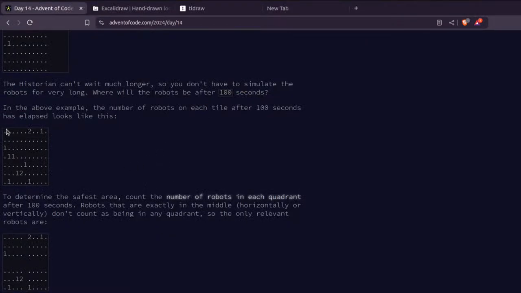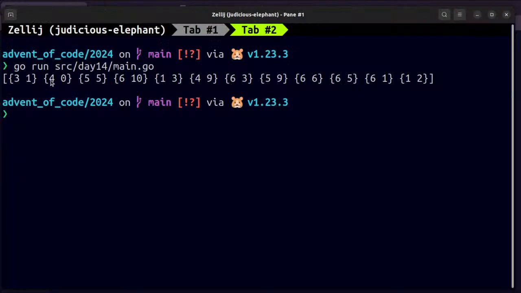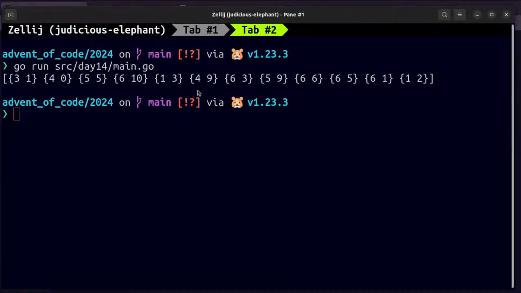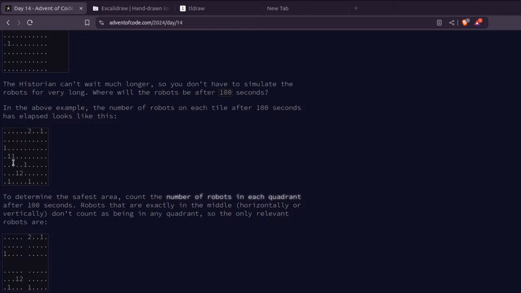3 and 1, okay. 4 and 0, I'm not sure what this is, but yeah. 5 and 5, 6 and 10. 6 and 10 is wrong. 4 and 9.